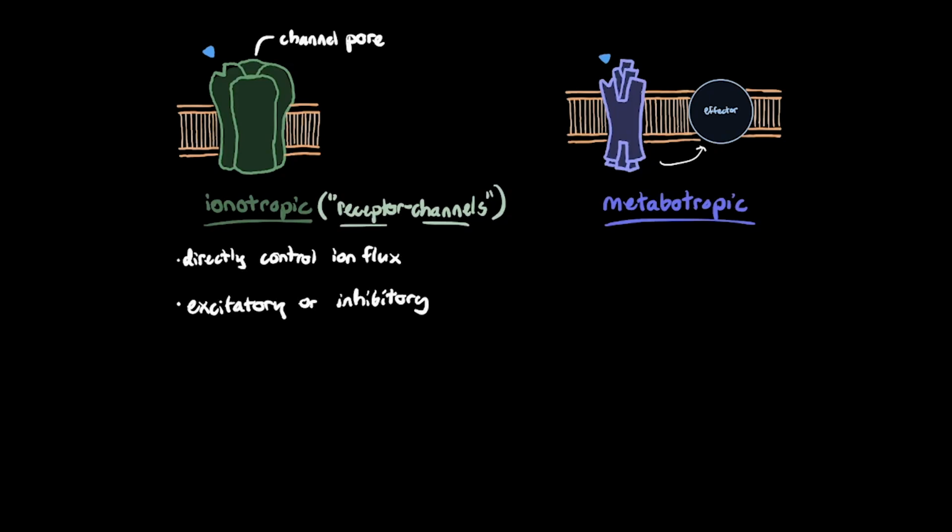And contrary to some myths, these ionotropic receptors mediate all types of behaviors in the brain. So they're not just mediating simple reflexes, they mediate complex cognition as well.